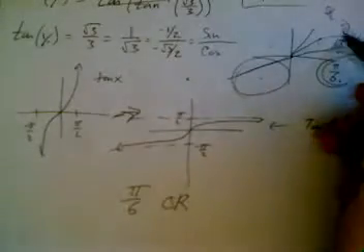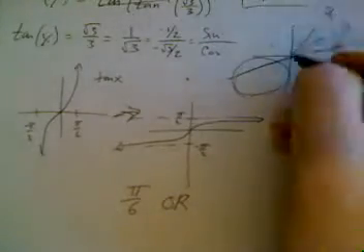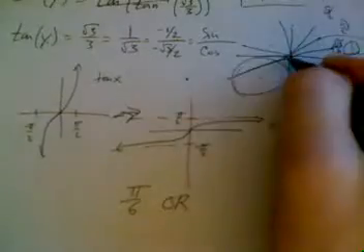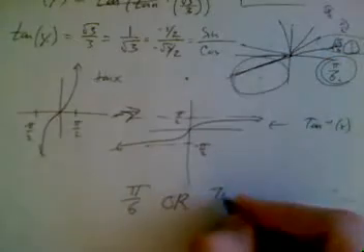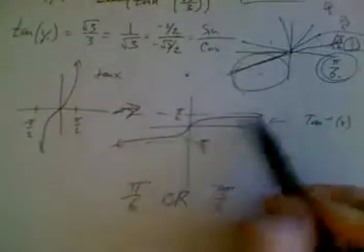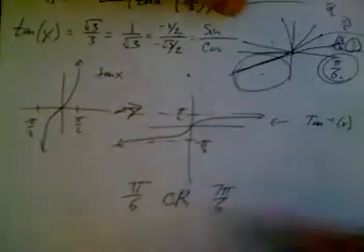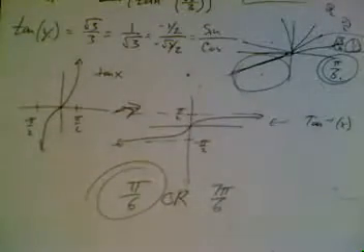Well, from pi over 6, I'm going to have 1, 2, 3, 4, 5, 6. It would be 7 pi over 6. But the issue for that would be the fact that at 7 pi over 6, I'd be sitting somewhere up here, and that's not working in the range that I want to be working in. So pi over 6 is the value that I'm looking for.